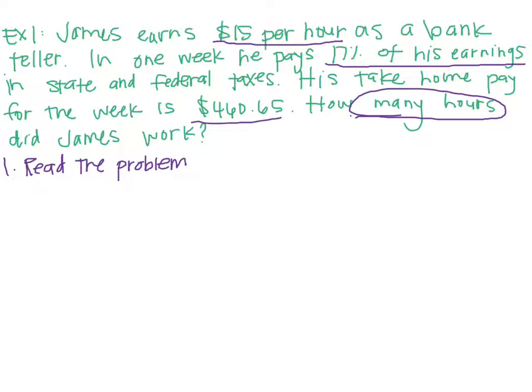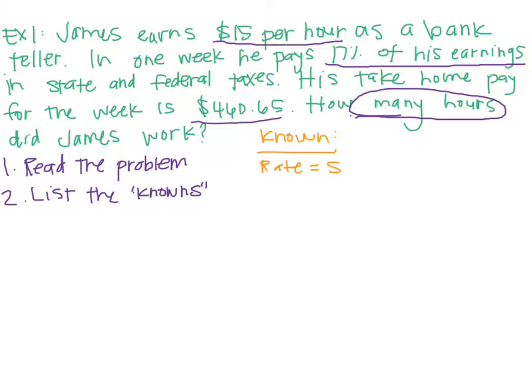So step 1, I read the problem. Step 2, I'm going to list the knowns. When I say the knowns, I'm talking about what things I know. Those are the things that I already went through and underlined. So what is known? Well, I know that my rate equals $15 per hour.